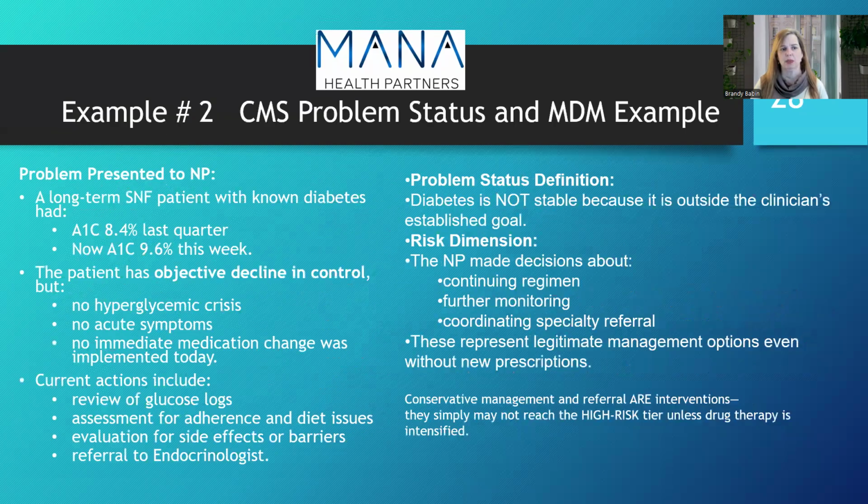Here's another CMS problem with medical decision making. It's a patient that had an A1C of 8.4. Now the A1C is 9 this week. So there's no hyperglycemic crisis, no acute symptoms, no immediate medication change was implemented today. Why? It could be a lot of different reasons.